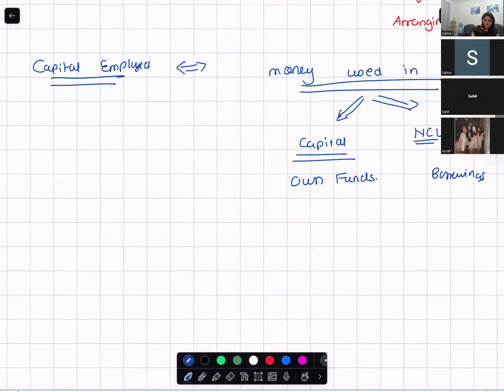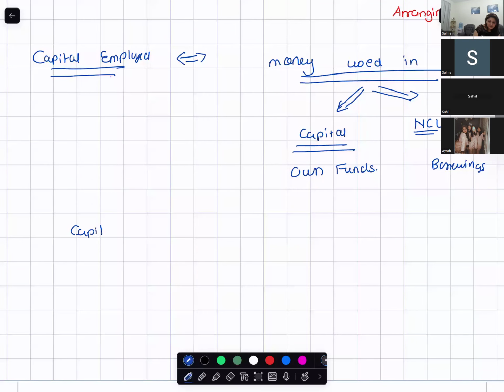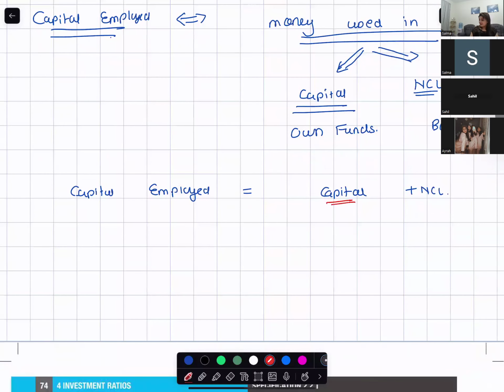So when I'm talking about capital employed, what is the thing that comes in capital employed? Capital plus non-current liability. When I am talking about capital, it will be your share capital plus reserves and surplus, because both of these belong to the shareholders, plus your non-current liability.